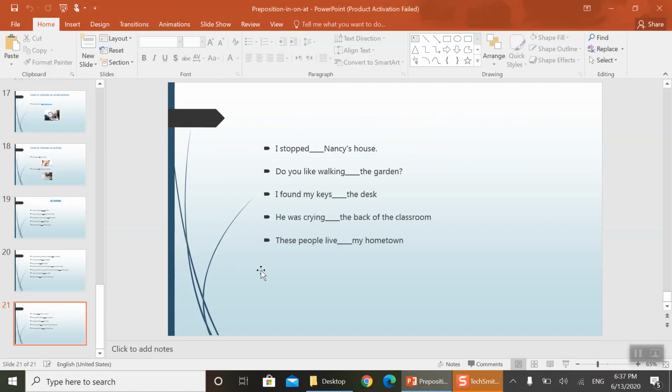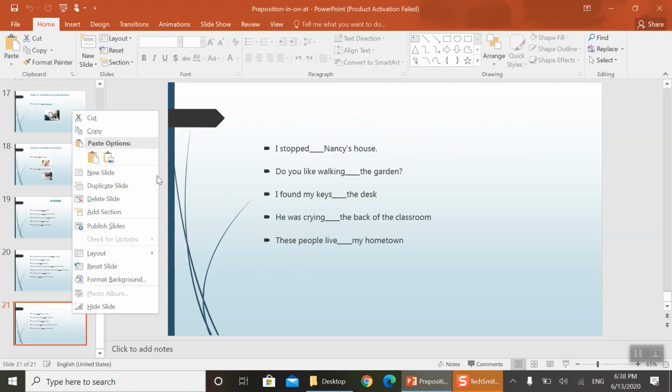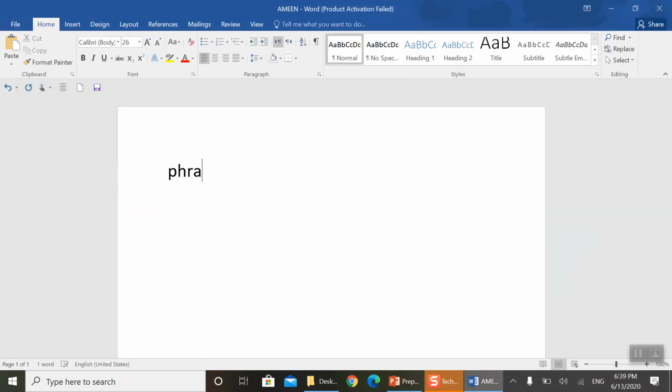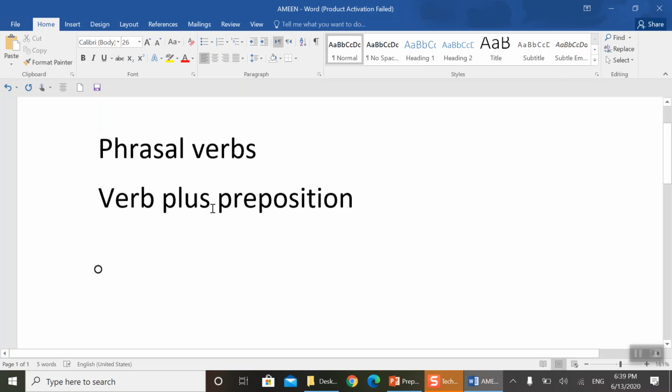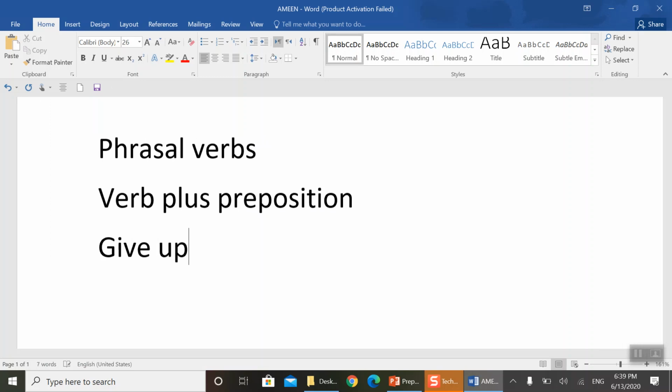We finished with this, but I want to add a new idea. I hope I can add phrasal verbs. In the phrasal verbs, we have what? We have verb plus preposition. We just talk about the preposition. Okay? This is what? Phrasal verbs. This is very important. We have, for example, give up.